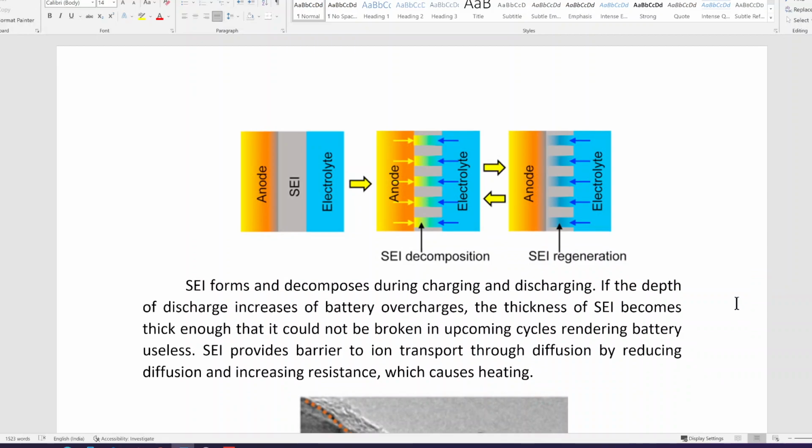This may result in rendering the battery useless. And this SEI would also provide a barrier to ion transport through diffusion.